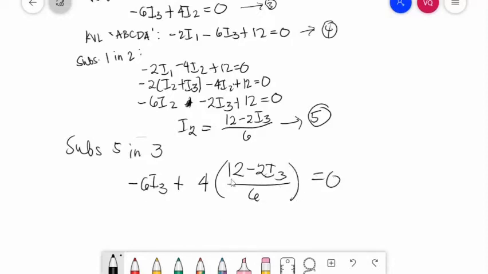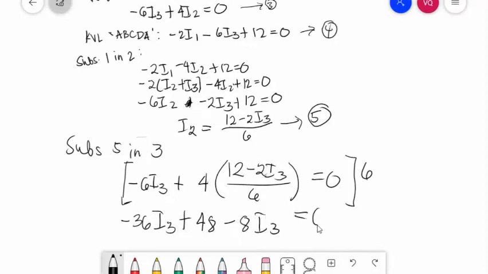Simplifying, we multiply both sides by 6 to cancel the denominator. So 6 times negative 6 is negative 36 I3, plus 4 times 12 is 48, minus 4 times 2 is 8I3, is equal to 0.